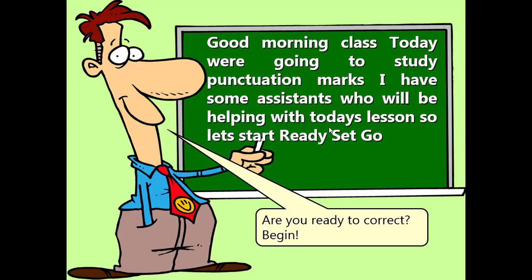Asha, do you see something in this word? Yes, an apostrophe in today's. Okay, good. Helping with today's lesson. I'm confused whether before so or after so there should be a comma, but where?